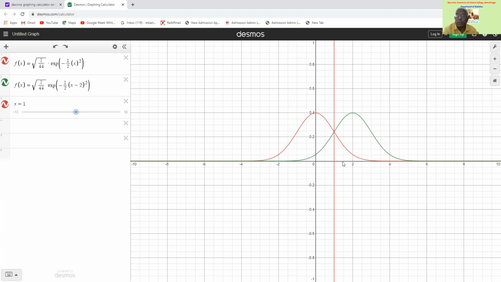If we come to say 1.5, this point will give me the likelihood of normal 0, 1 at x equal to 1.5, and this will give me the likelihood of x equal to 1.5 for normal 2, 1.